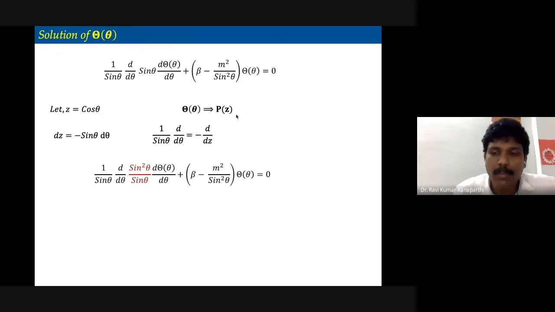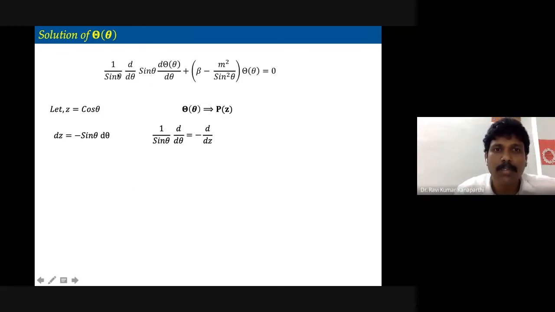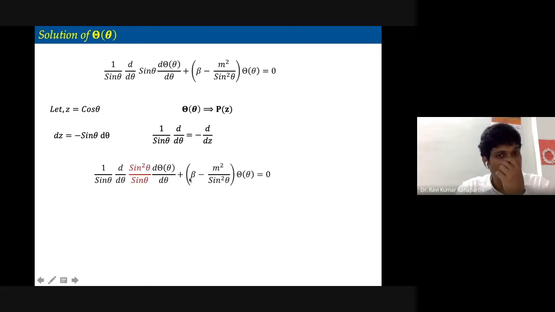You can just substitute here. I hope you can follow why I'm doing this. 1 over sine theta d by d theta can be replaced with minus d by dz. That is the substitution I'm trying to make. Before making that, let me write down one more small mathematical trick.